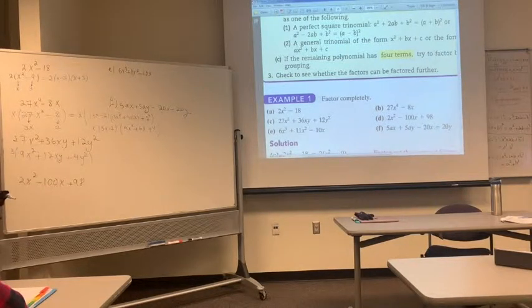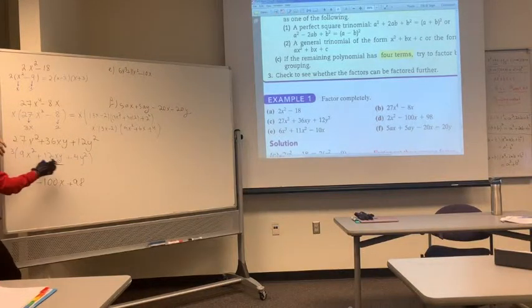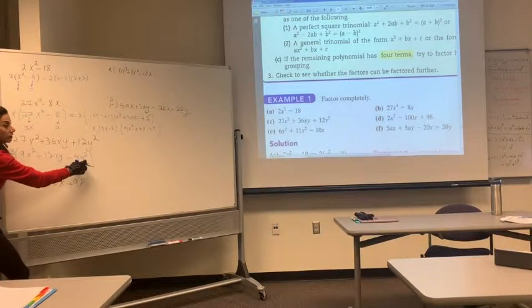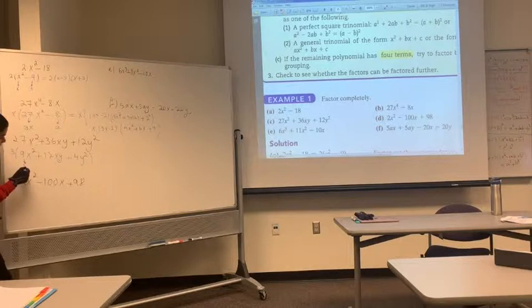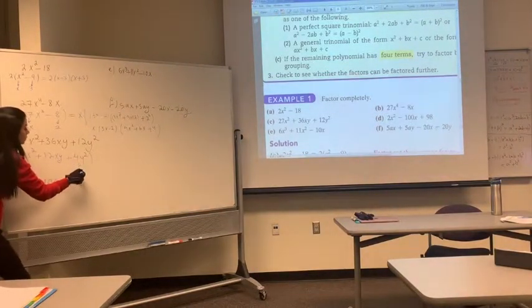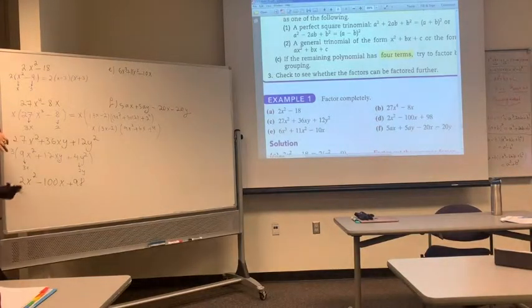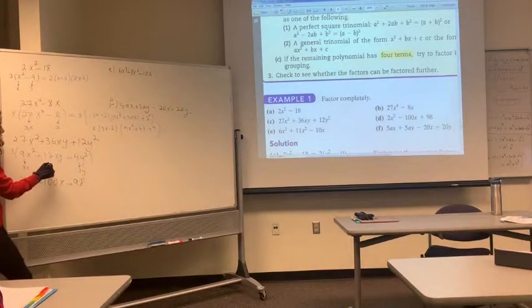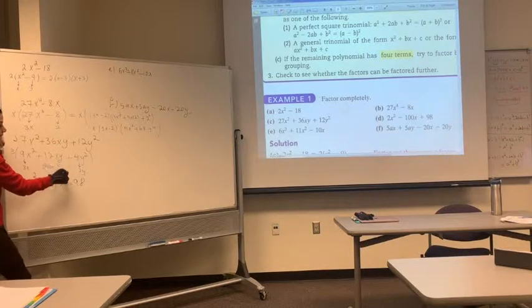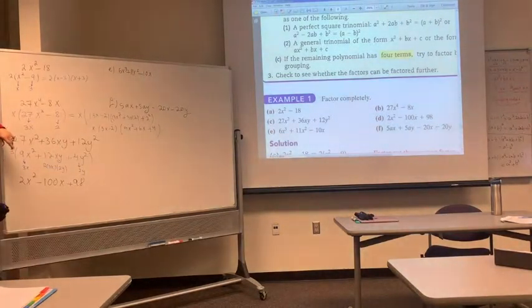Well, we have a perfect square here and a perfect square here. So this is a perfect square of 3x, correct? This is a perfect square of 2y, right? So now we should test to see if the middle part matches that formula we have. 2 times 3x times 2y, correct?